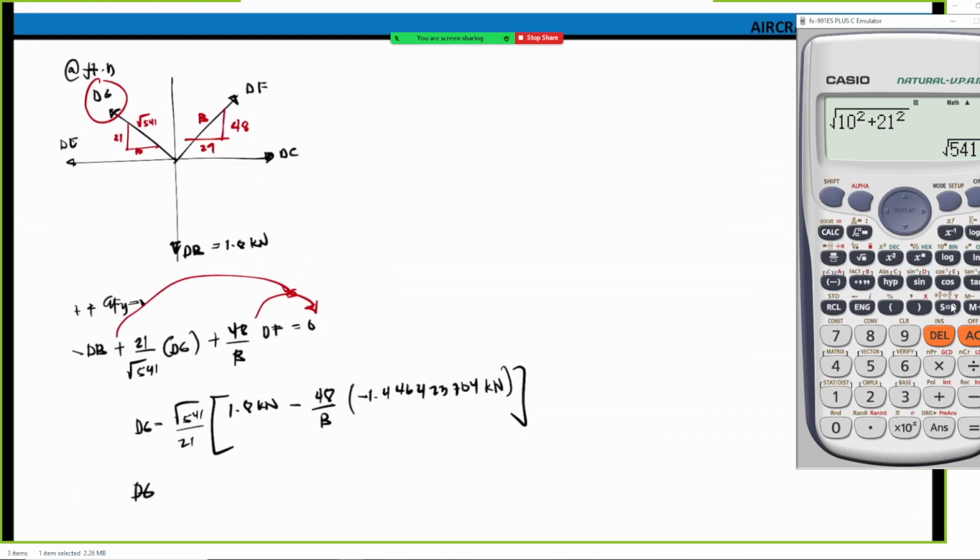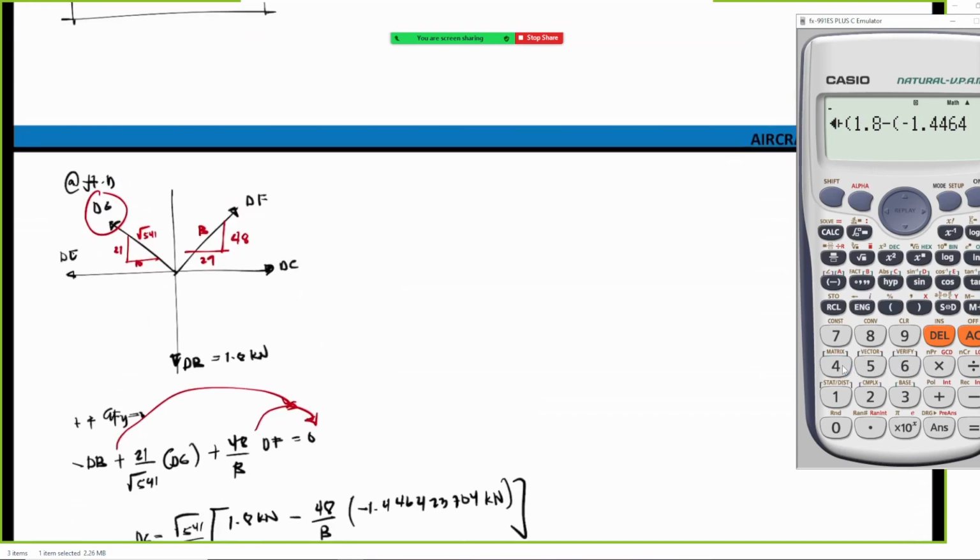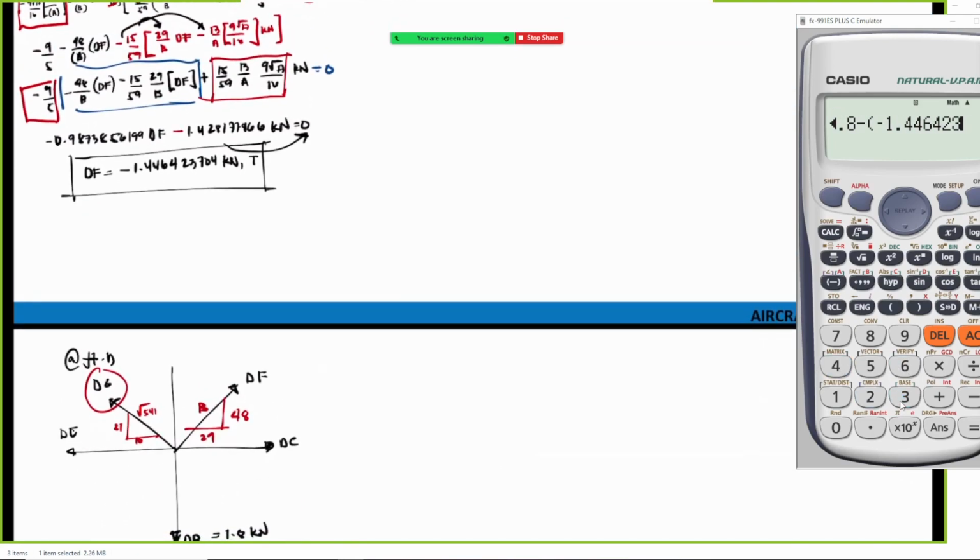So DG is equal to square root of 541 over 21 times positive 1.8 minus negative 1.446423704.